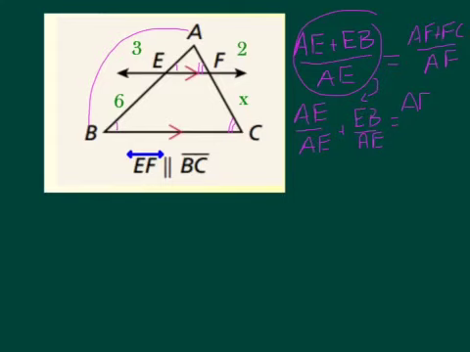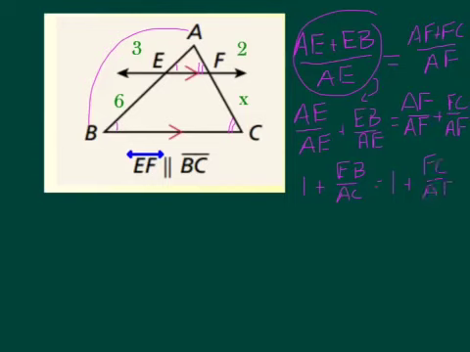I'm going to split that also into two different fractions, AF over AF plus FC over AF. Okay, so let's see what we can simplify. We can simplify AE over AE. That just equals 1 plus EB over AE equals AF over AF. That's also 1 plus FC over AF.